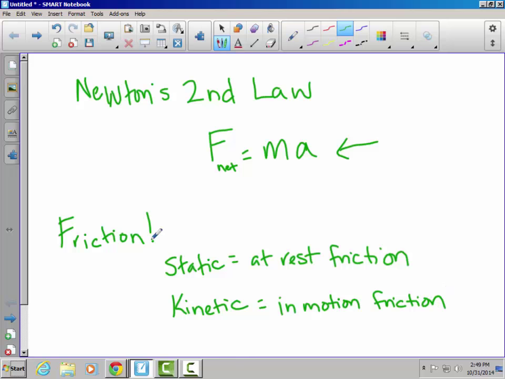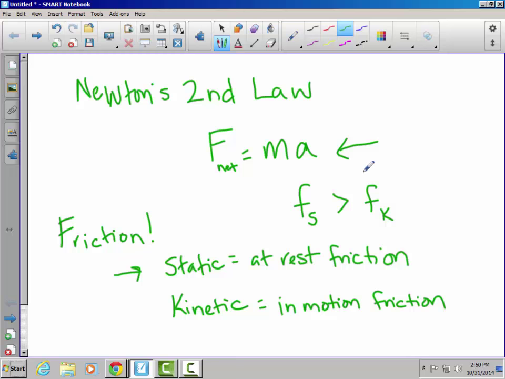So, static friction will always be greater than kinetic. When we talk about static friction, a lot of times we say Fs. Static friction will always be greater than your Fk, or your kinetic friction. And when you think about that, that kind of makes sense.